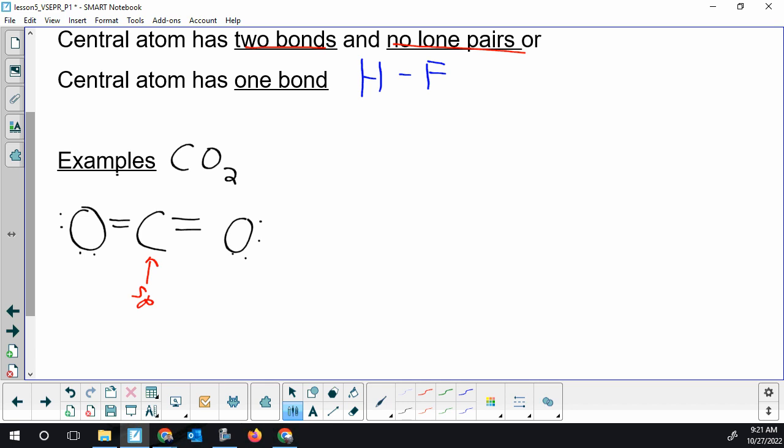So whether you think of this from the hybridization or you just count 2 bonds, no lone pairs, you're going to get linear either way. So you have 2 methods to tackle to get the right shape. So that's carbon dioxide. Beryllium dihydride.